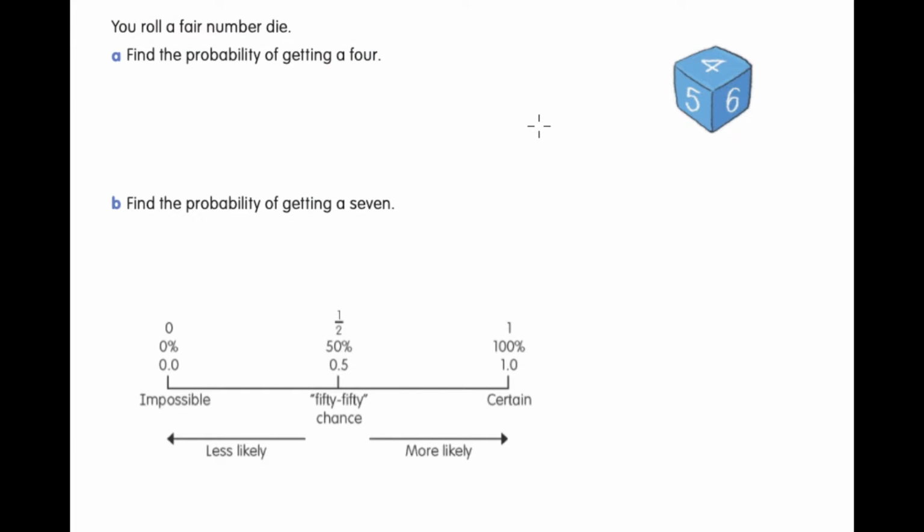So let's say we rolled a fair number die and we wanted to find our probability of getting a 4. Well, on a fair number die, you have the chances of rolling a 1, a 2, a 3, 4, 5, or 6. You have the same odds of rolling each of these, 1 through 6, but for a 4, there's one outcome, one possibility, so we have one outcome out of 6 total outcomes.